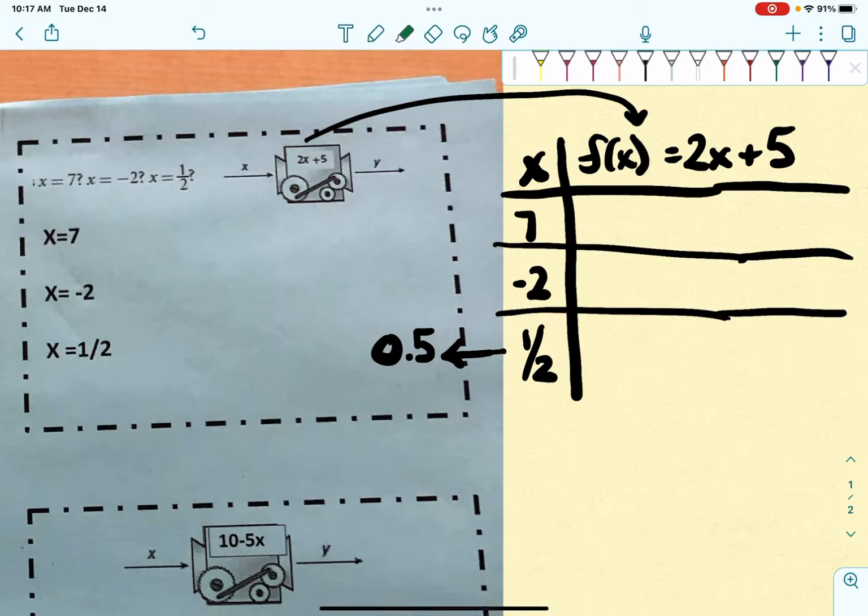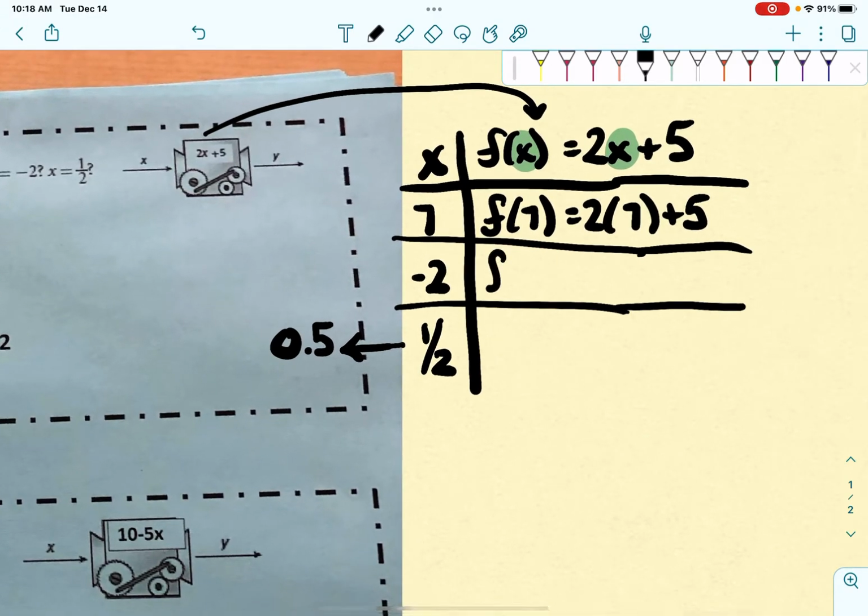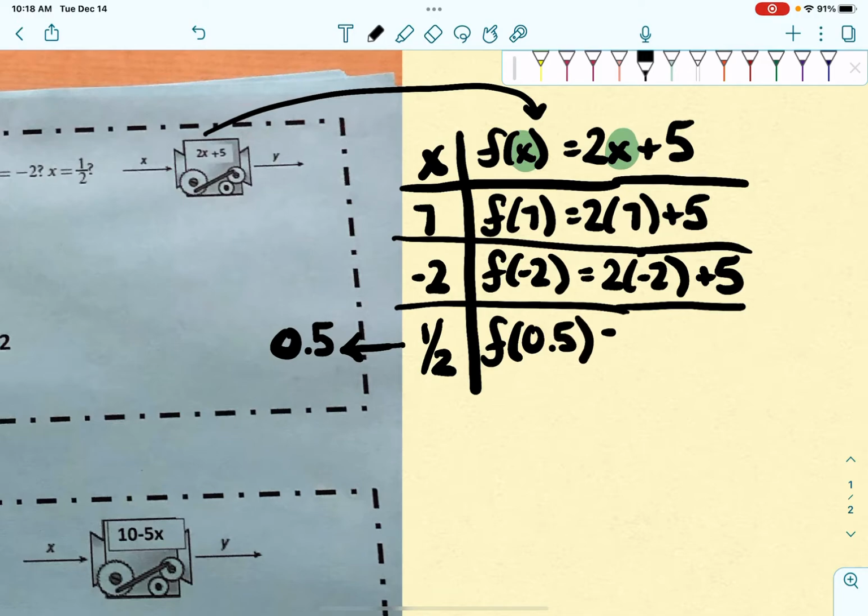Now we're going to plug the x values in here. So my first x value is going to be 7. My second one is going to be -2. And then for this third one, I probably use the decimal of 0.5.